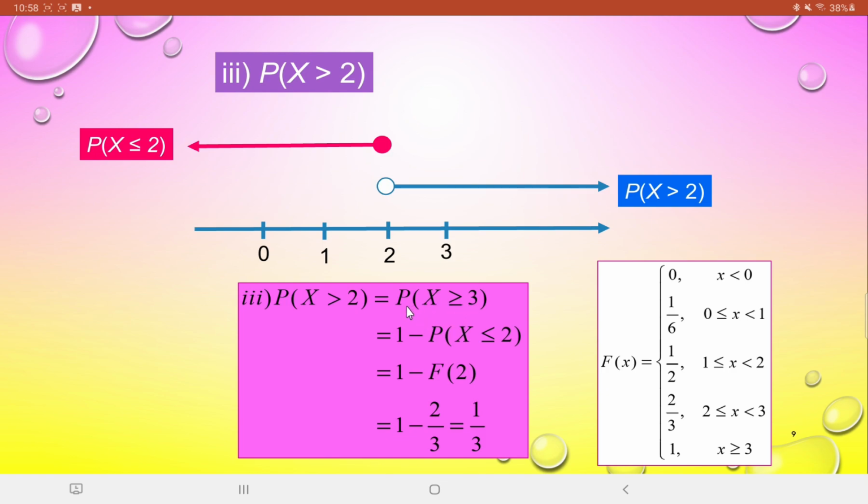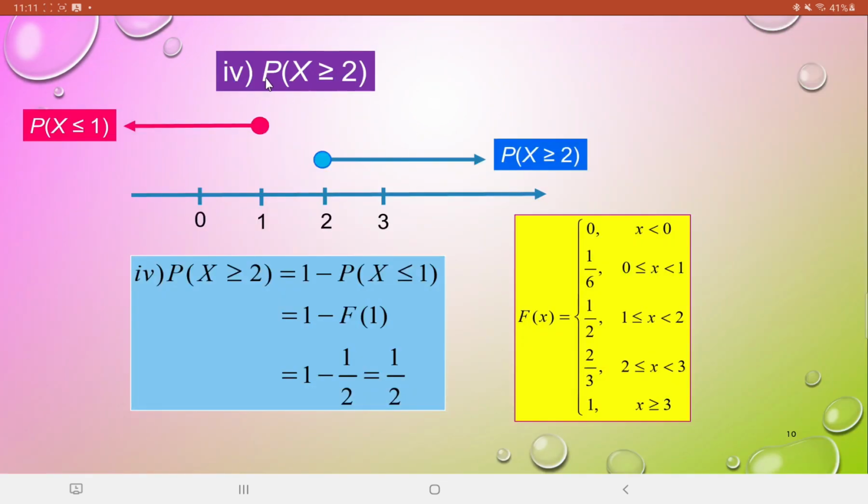To solve probability x more than or equal to 3, we subtract the probability x less than or equal to 2 from 1, since 1 is the total of probability. Okay, so F(2) is equal to 2 over 3. So, 1 minus 2 over 3. So, we get the answer is 1 over 3.